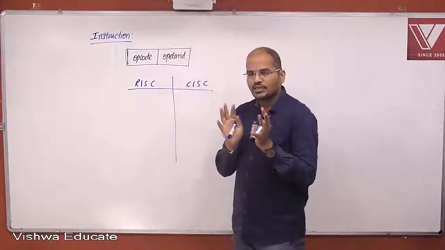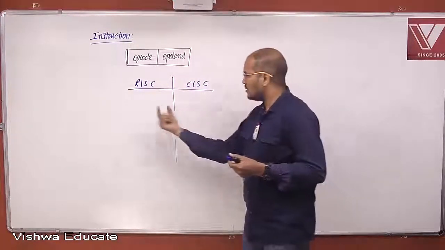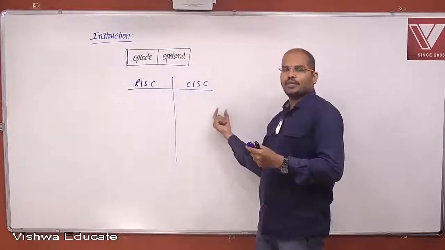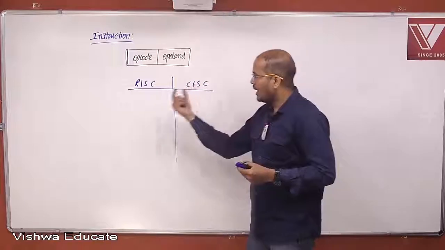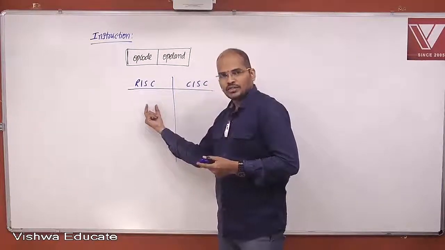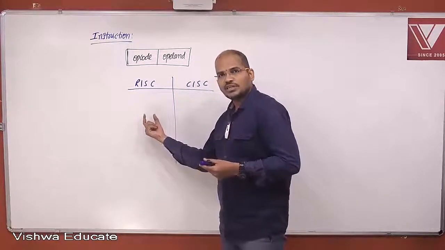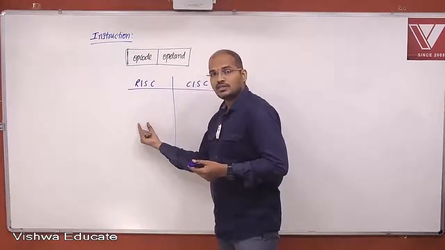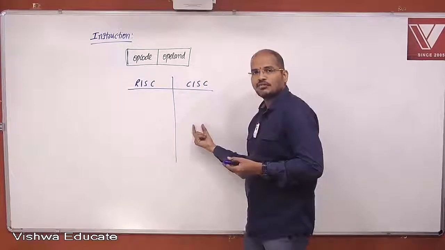So the basic thing is the storage unit: registers in RISC, and registers as well as memory units in CISC. As the storage unit is only registers, the number of instructions is less in RISC. The number of instructions is more in CISC. Why more?